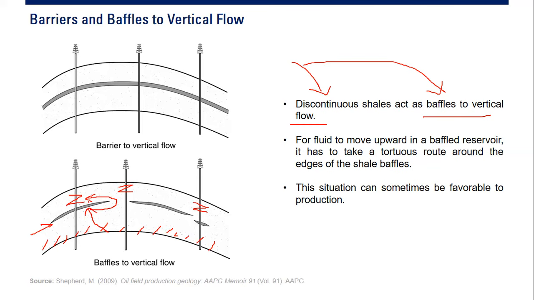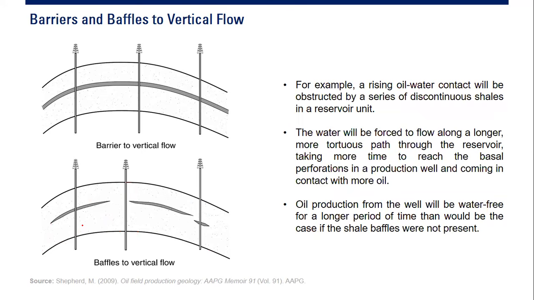All right. So yeah, actually barriers and baffles from this point of view are good, but sometimes barriers and baffles can also decrease the potential, decrease the productivity, especially if you have too many shells here and there. Okay.